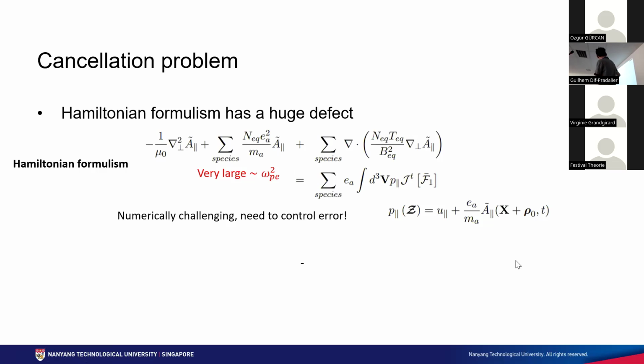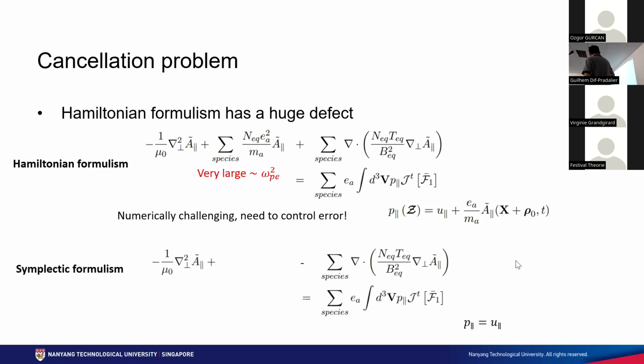These two terms need to cancel, the left-hand side and right-hand side containing the skin current. However, if we are not doing this carefully, numerical noise will dominate this process, because you are trying to make sense of a very small number out of a very big number. So you're trying to get the 0.01 out of the 1.01. Therefore, the signal-to-noise ratio is not very good.